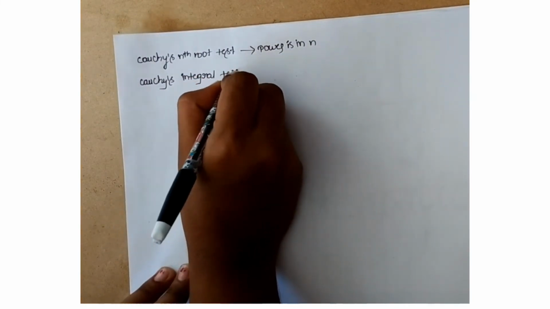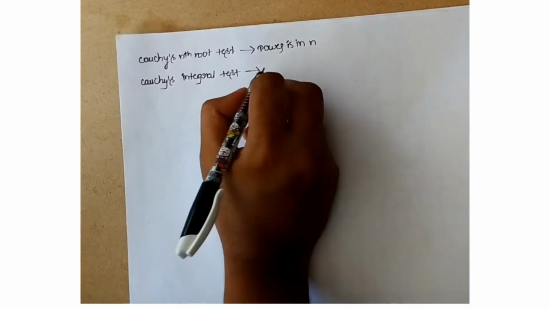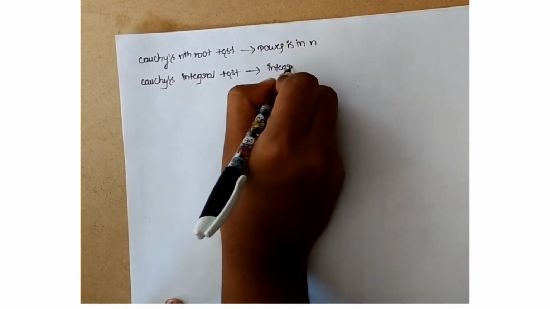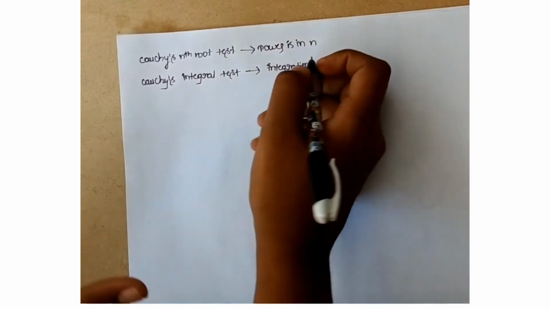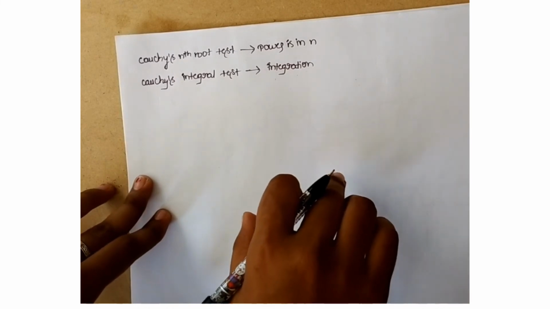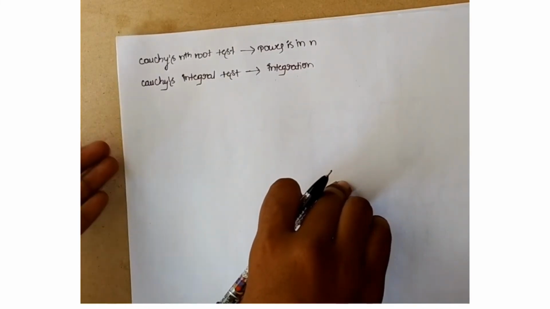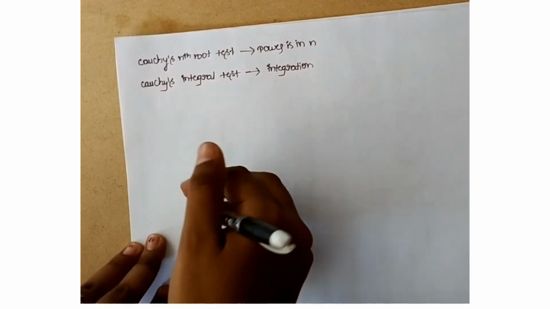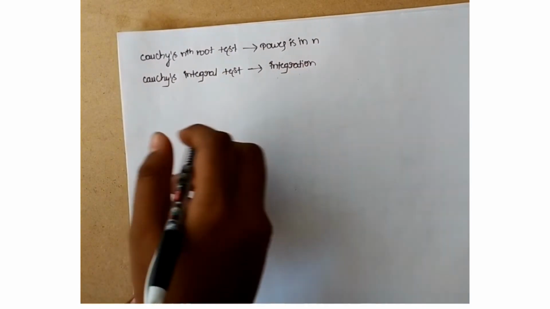It is of the form of integration. If we look into the given sum, we point out that we need to apply some integration formula. That sum is in the form of Cauchy's integral test.